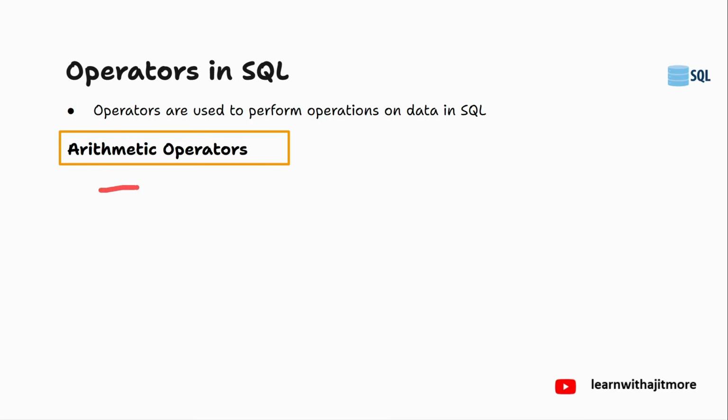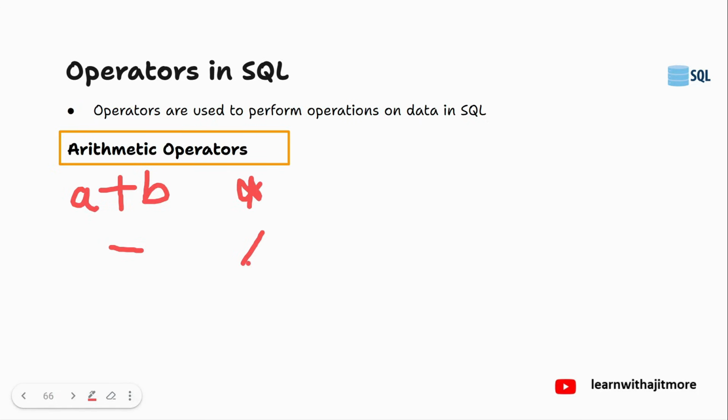So you have the addition operator, that is a plus b. Now remember that a and b can be what? They can be literals. They can be column values as well. Okay, I'll show you that. So plus, then we have minus for subtraction, then multiplication, division.